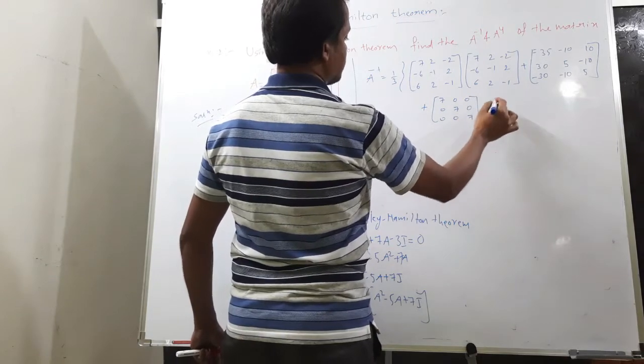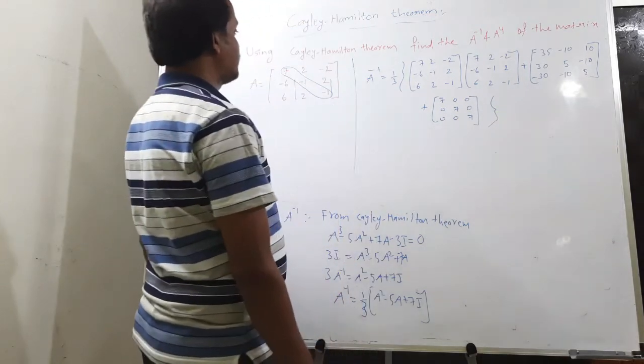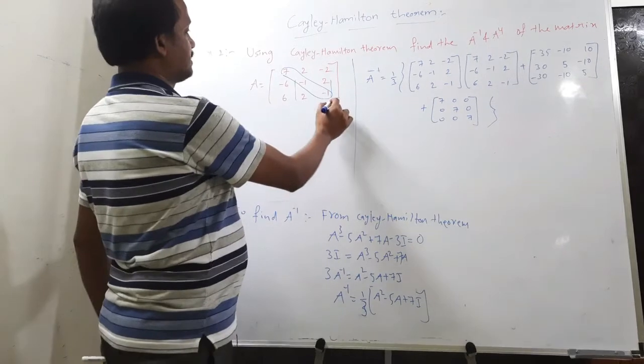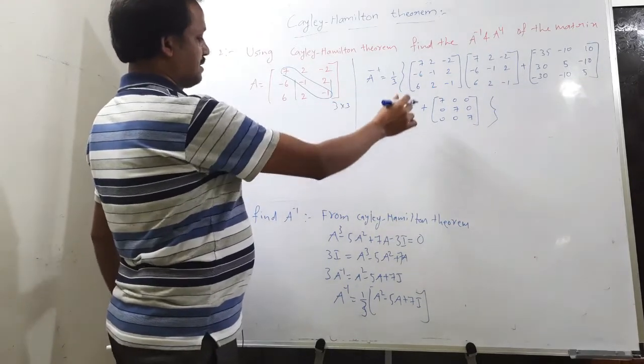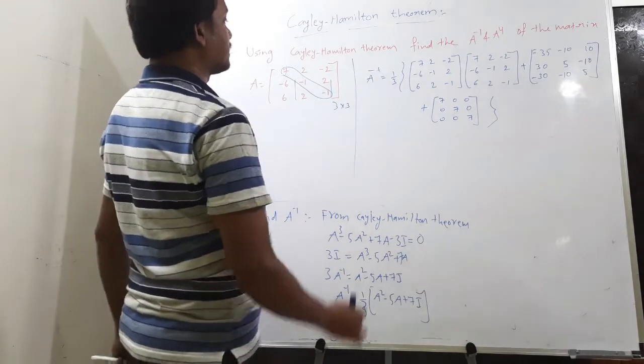Here we need to consider the size of the matrix as the identity matrix size. So it is 3 cross 3, so we need to consider a 3 cross 3 matrix.